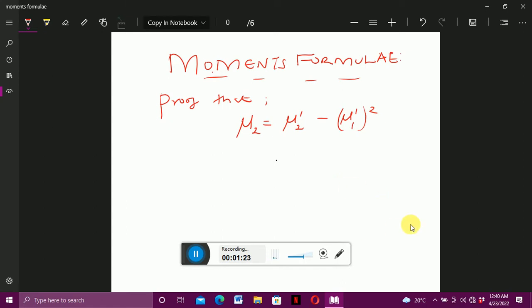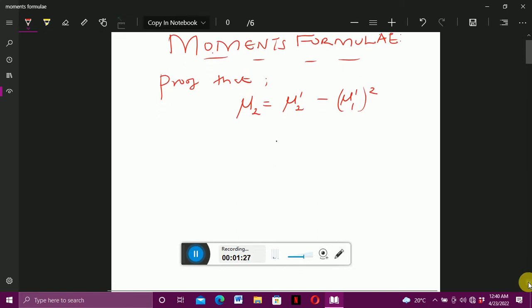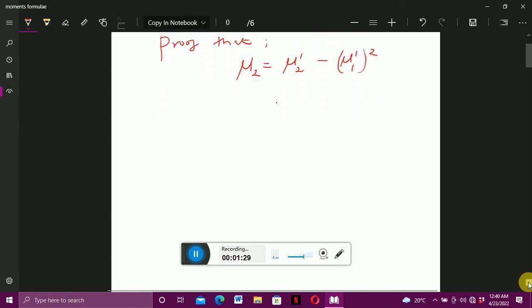So that's what we are going to see. And besides that, we are also going to see how we get mu3 and mu4, that is the third and fourth moments about the mean using moments about a point.